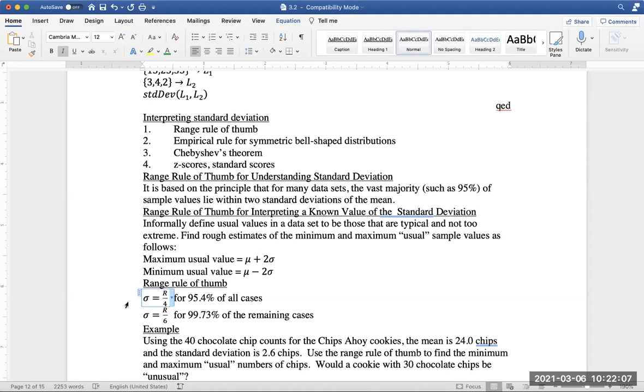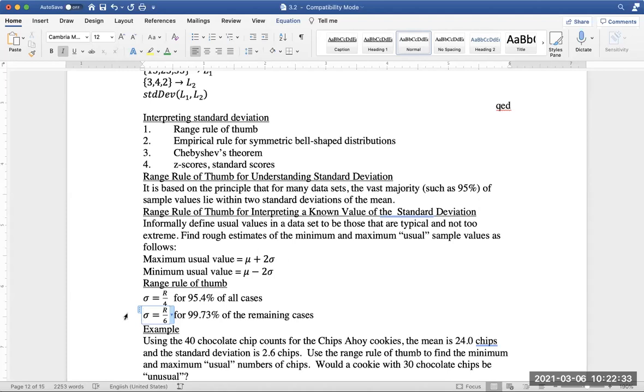You just divide it by 4. That's true in the vast majority of cases. There are some cases where it's not quite true, but usually the range over 6 will give you a good estimate for those remaining cases where the range over 4 rule doesn't quite work.